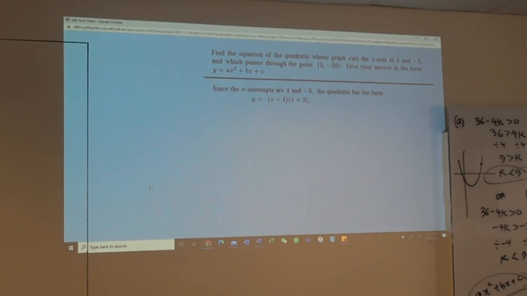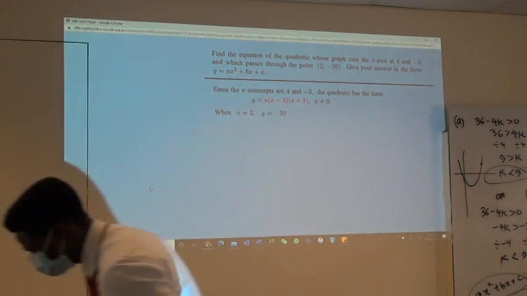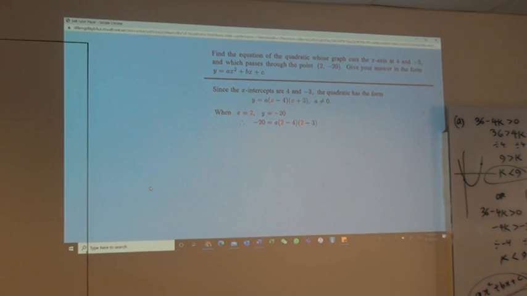Multiplying these factors by the non-zero constant a gives us the general form for all quadratics that have x-intercepts 4 and minus 3. Since the point (2, minus 20) lies on the quadratic, it must satisfy our general equation. We substitute x equals 2 and y equals minus 20 and simplify to find a equals 2.